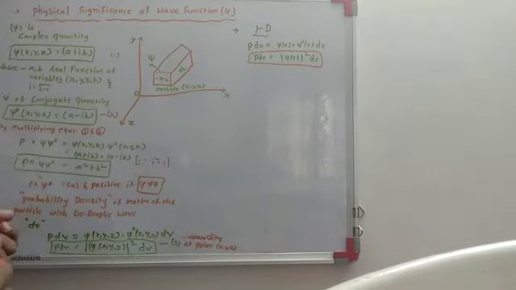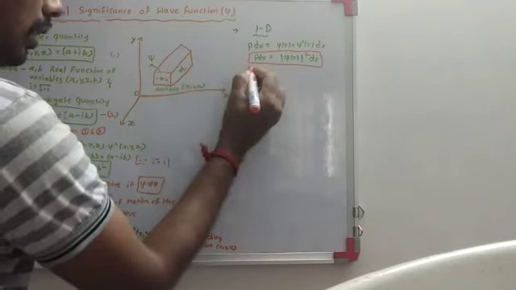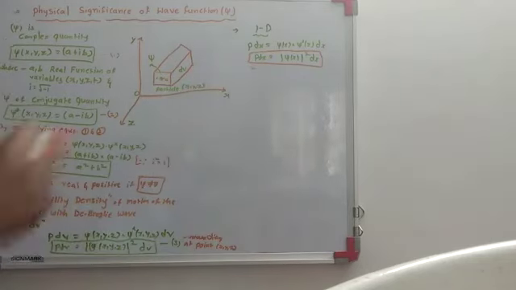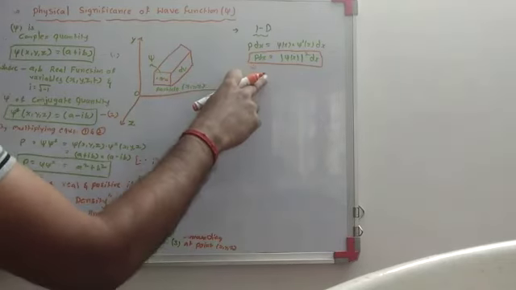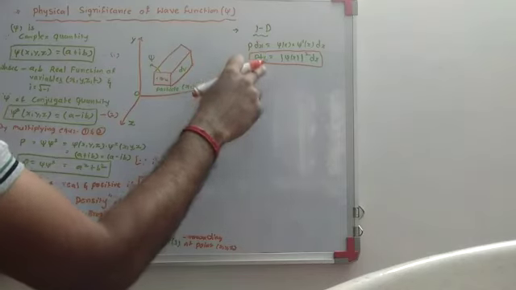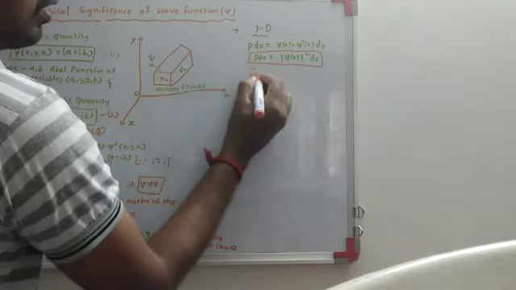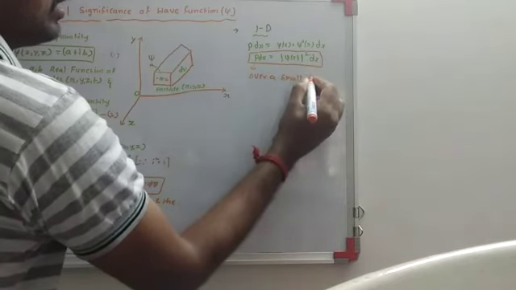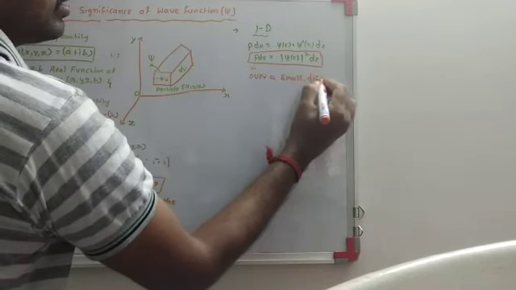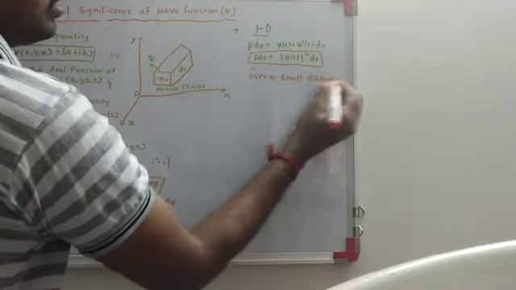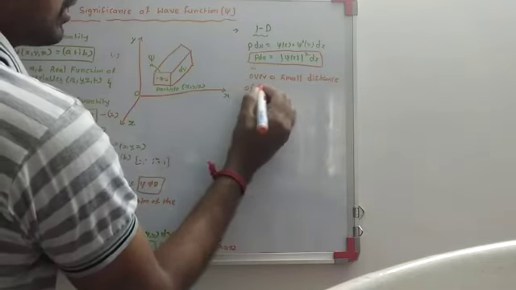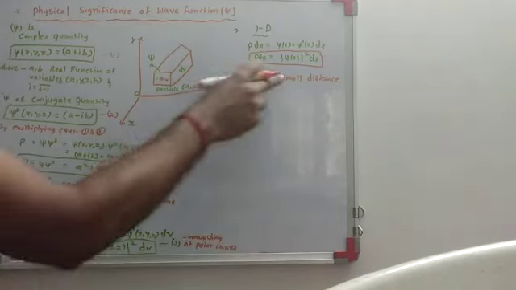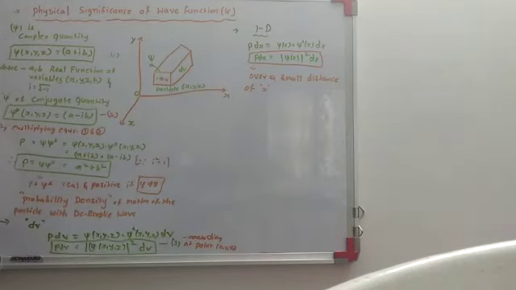This equation is the probability of finding the particle over a small distance of x.